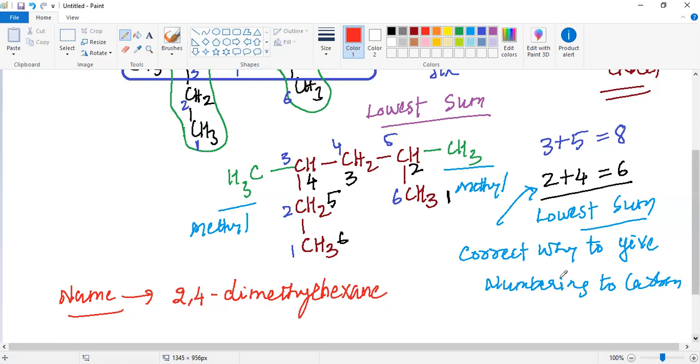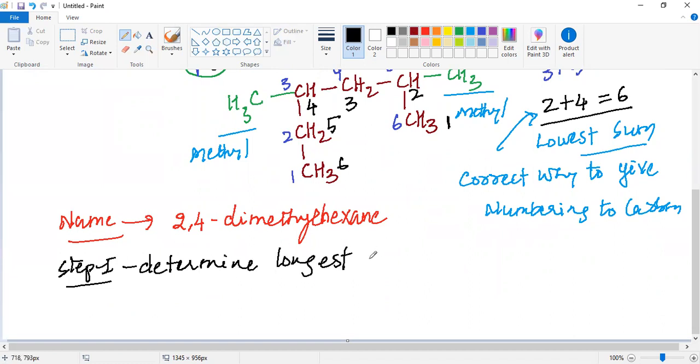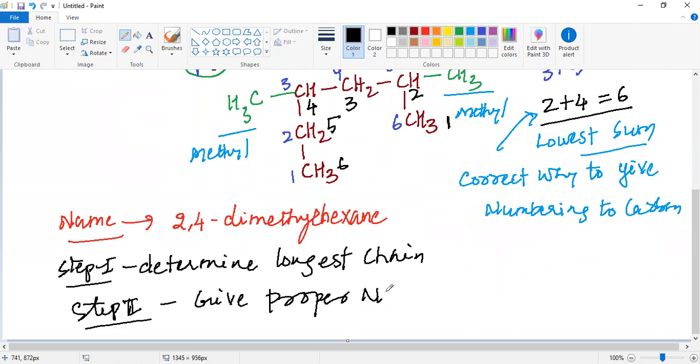This is how, my dear students, we can give the name to the compound. So what we understand up till now is this: first, step 1, determine the longest chain, and step 2, give proper numbering to the longest chain carbon.